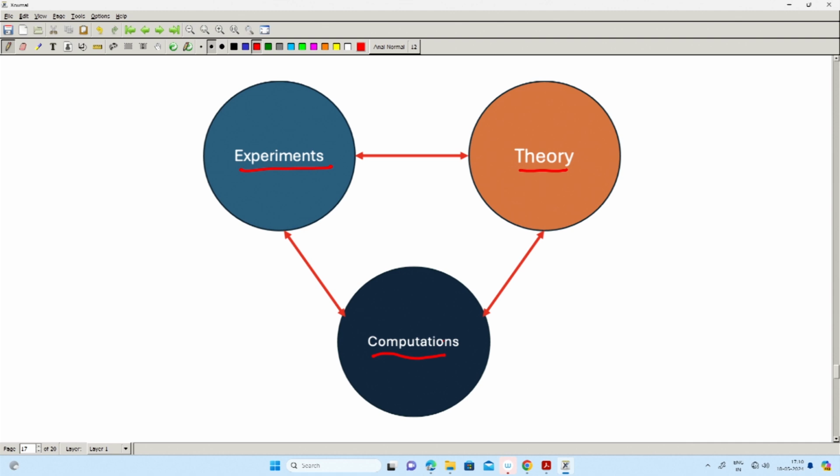So the experiments and theory should conform to what you are seeing through computations, and only then will you be able to make a statement or conclusion about the thing that you are seeing through your computation. So if all 3 talk to each other and are in agreement with each other, then it means your computations are right.